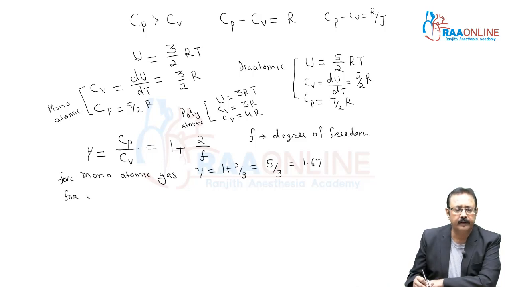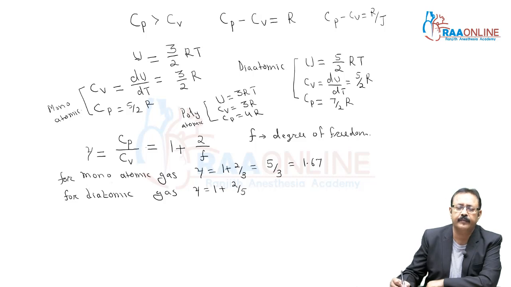For diatomic, degree of freedom is 5. So gamma is 7 by 5, which is 1.4.